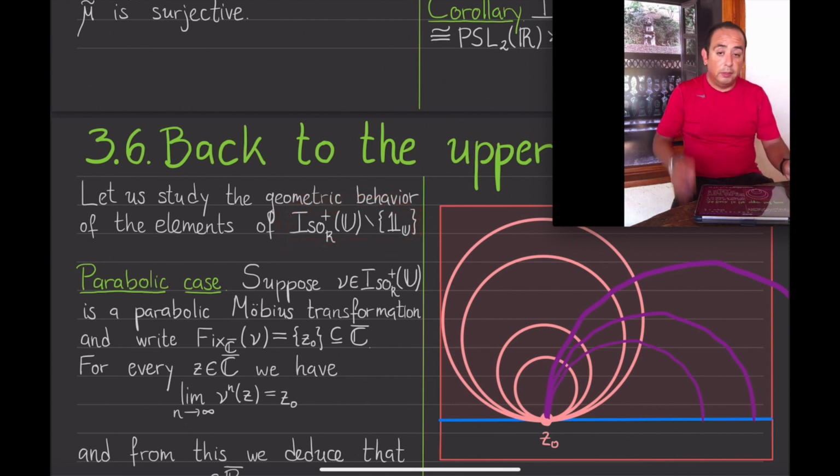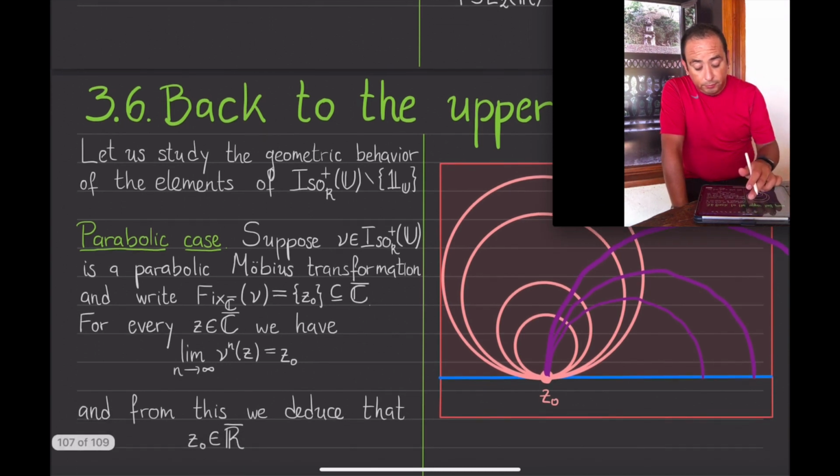So the main problem, the key to studying the geometry of the Mobius transformation, is to locate the fixed points. So let's start with a parabolic Mobius transformation.